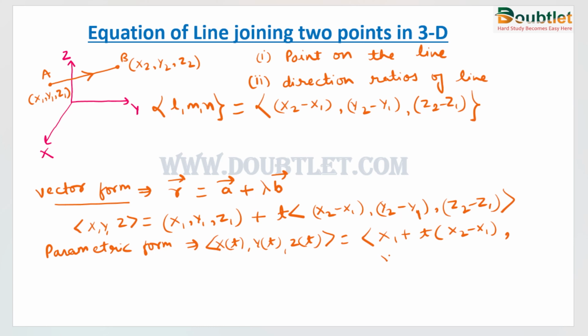For the y coordinate we can write y1 plus t times y2 minus y1. And for the z coordinate we can write z1 plus t times z2 minus z1. So this is the parametric form, and we can also write this in Cartesian symmetric form.